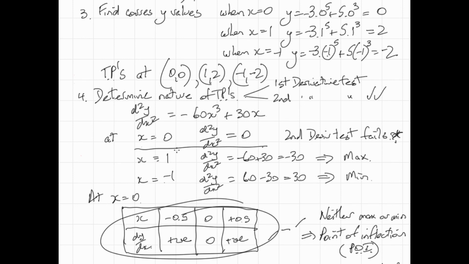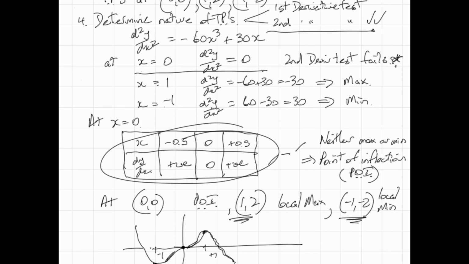And the fourth step is by either using the first derivative test or second derivative test. Second derivative test is probably the quickest to use, but if it's very difficult to find the derivative again, just use the first derivative test. And if you get the second derivative equals 0 when x equals whatever value, then you've got to go back and use the first derivative test, which is what we did here.